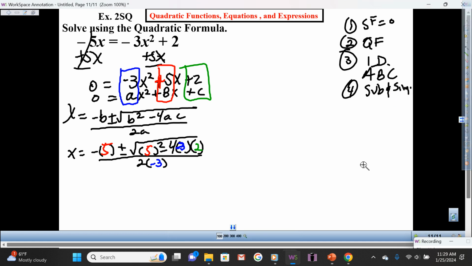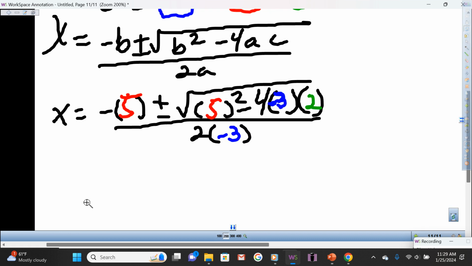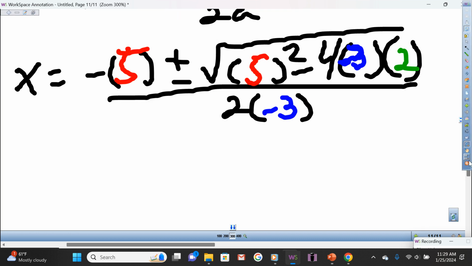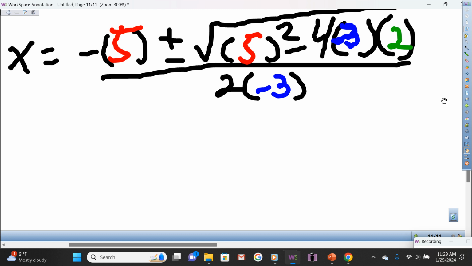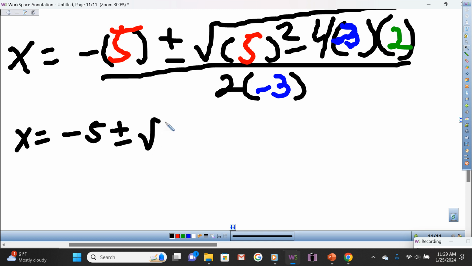So let's simplify all of that. Let me zoom in. X equals -5 plus minus. What is 5 squared? 25. What is negative times 4 times -3 times 2?